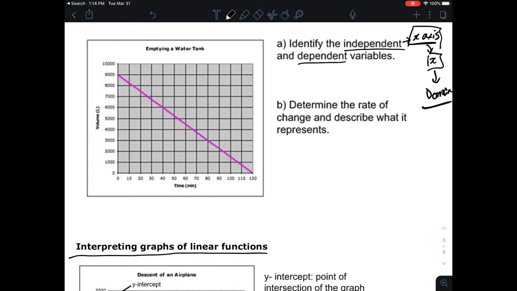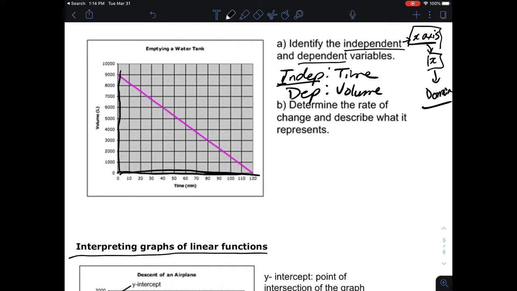So the independent variable in this case is time. Independent: time. And the dependent variable then is volume. And that's going to be the case always. The independent variable is going to be on the horizontal axis and the dependent variable on the vertical axis.